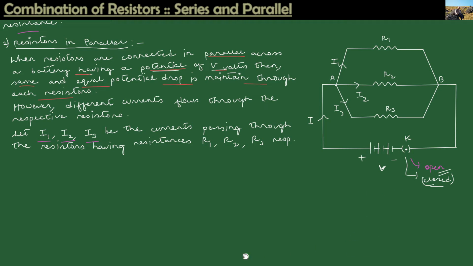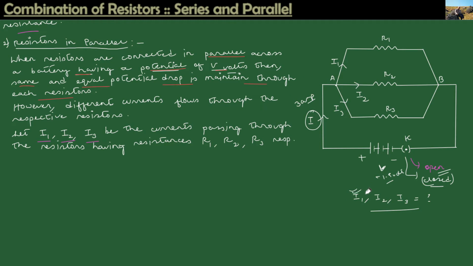So accordingly, by using Ohm's law, our target is to determine I1, I2 and I3. For example, suppose the current in the main circuit is 3 amperes and the voltage is around 1.5 volts, then if you add I1, I2 and I3, it should be equal to 3 amperes.